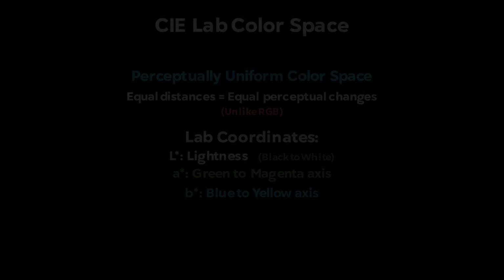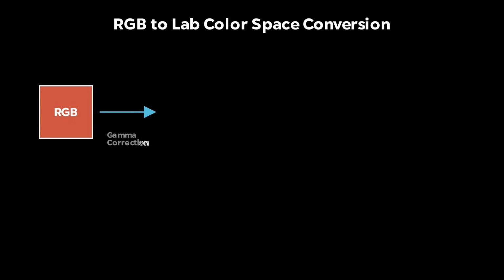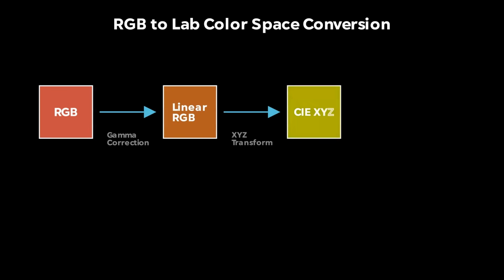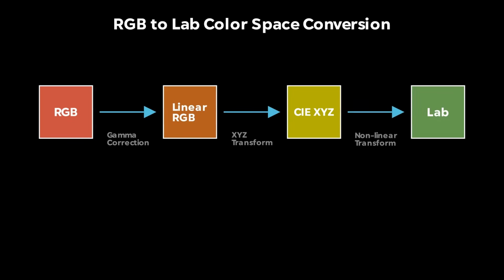Converting our image to LAB is computationally heavier. We have to linearize our RGB values, convert to CIE XYZ, and finally map them into LAB using a nonlinear transformation that mimics our cone response.